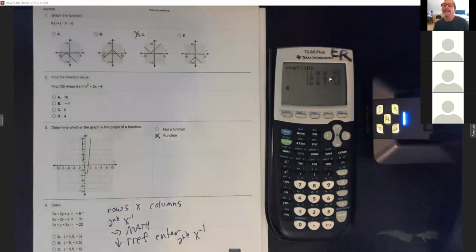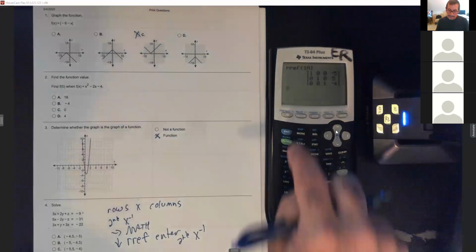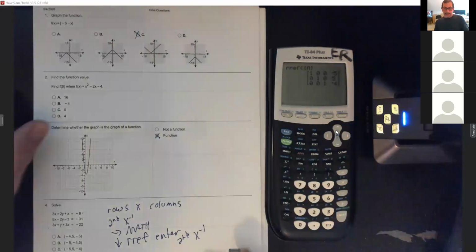Once I get this, it puts the answers in order of the first row is the X, the second row is the Y, and the third row here is the Z, so that you get a -5, 5, -4. Okay? Alrighty.